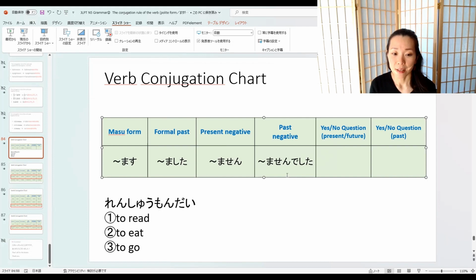ませんでした。Then the yes/no question for present or future tense would be... By the way, if you want to show this wavy mark in Japanese, I type it "kara", and it changes to this shape. How do you call it in English?